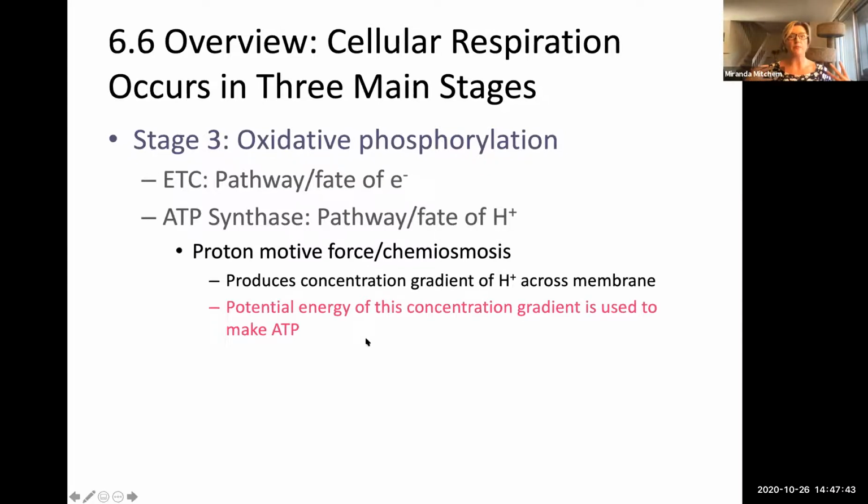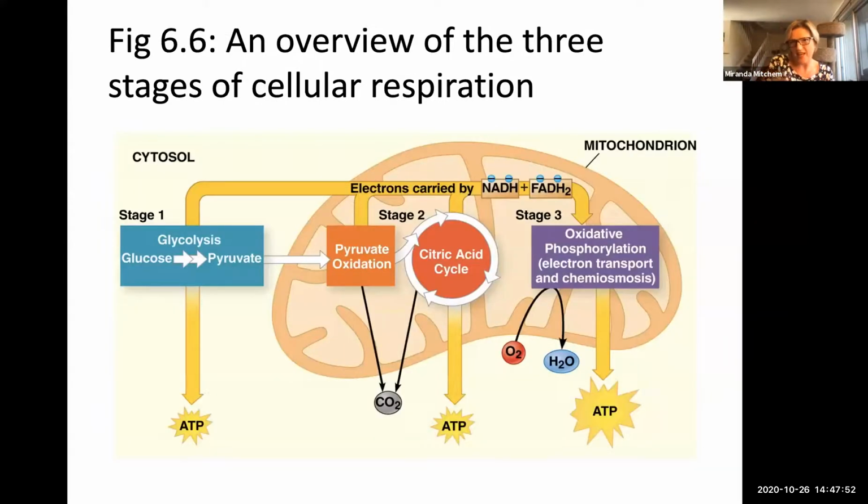So we're using that potential energy of the concentration gradient to make ATP, right? We're not using direct energy to make ATP. We're not harnessing ATP to make more ATP. We're using that gradient to drive the synthesis of ATP.